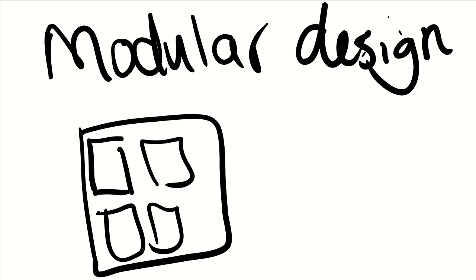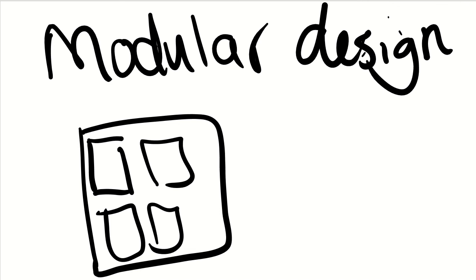So what you do is instantiate hardware blocks. Modular design means that you are making a counter, an adder, and they are there.